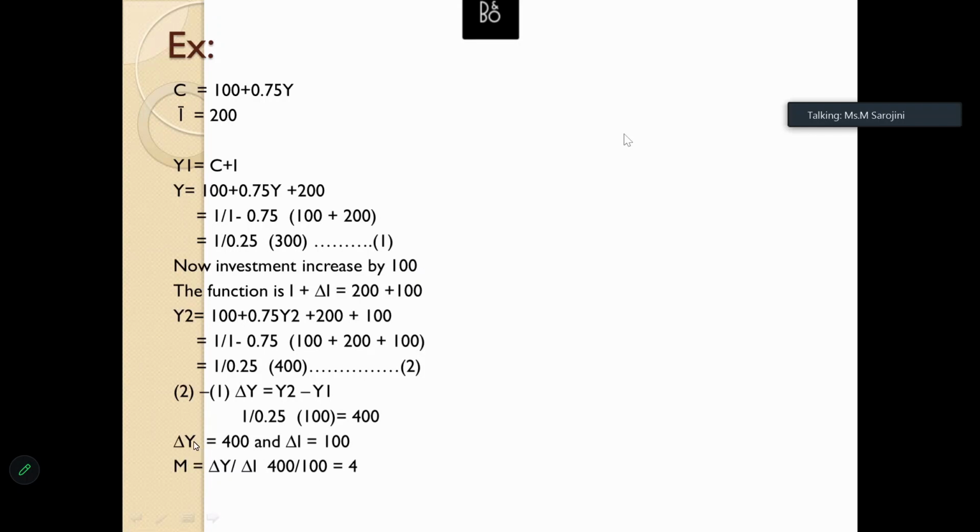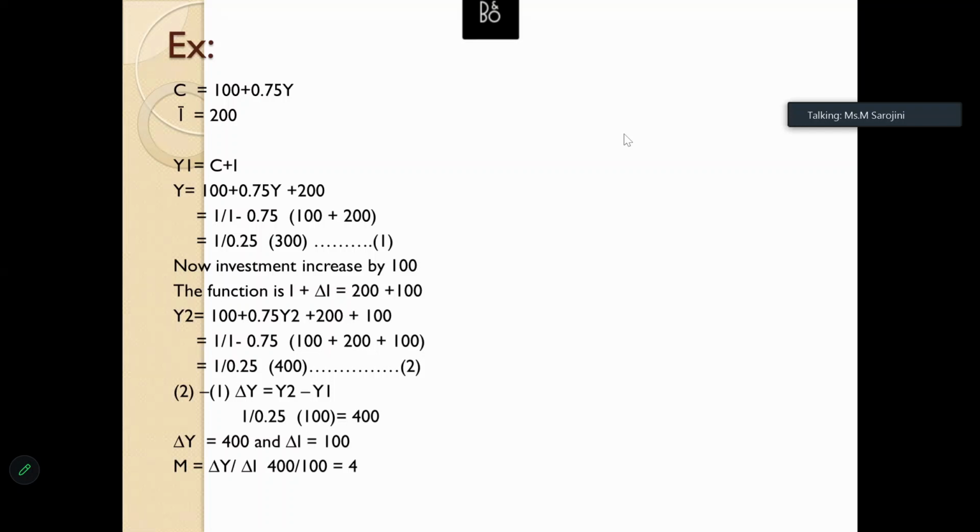Now, this is the change of the income, right? Delta Y. Therefore, delta Y is equal to 100, and delta I, the change of the investment, is equal to 100, right? According to our derivation of the multiplier, delta Y divided by delta I also gives the investment multiplier. Already derived the delta Y as well as the delta I. Therefore, once we divide delta Y by delta I, you can get 4.